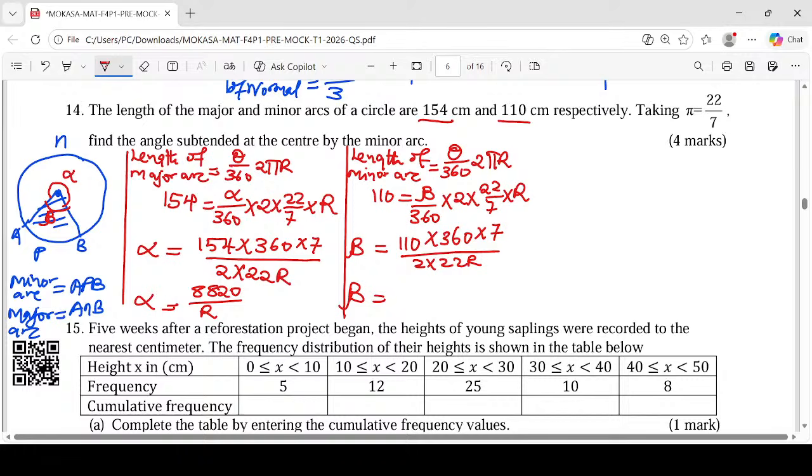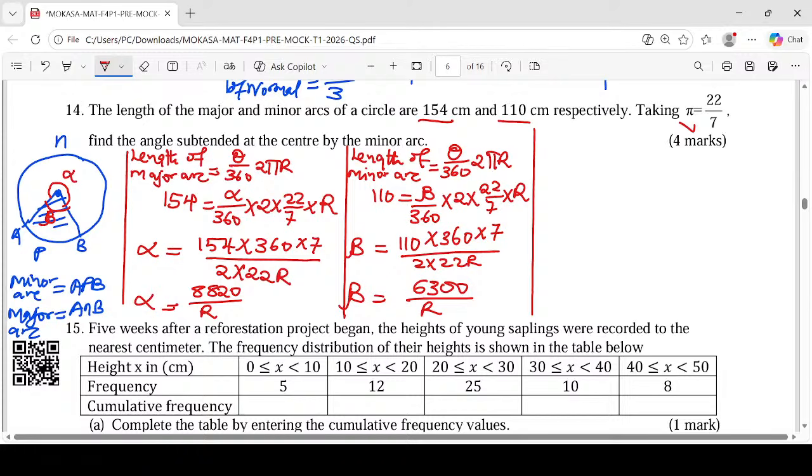This gives you 6300 over r. Now, after we've reached here, we are almost closer to the answer, just some inches away from the answer. Remember, the question is 4 marks.